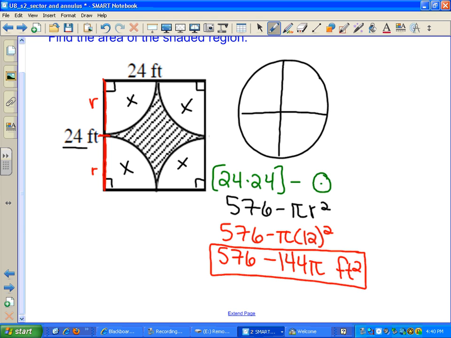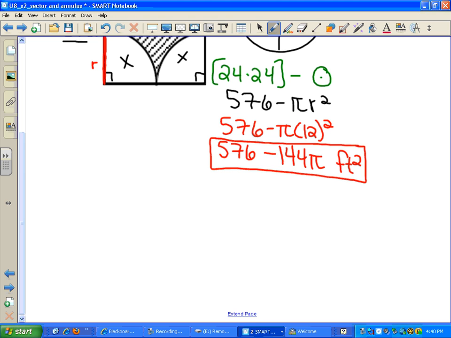Or I could go ahead and plug this into my calculator and take 576 minus 144 times pi. And I get about, and so that's what that little squiggle equal sign means, approximately 123.84 feet squared. So that's how we can find area of sectors.